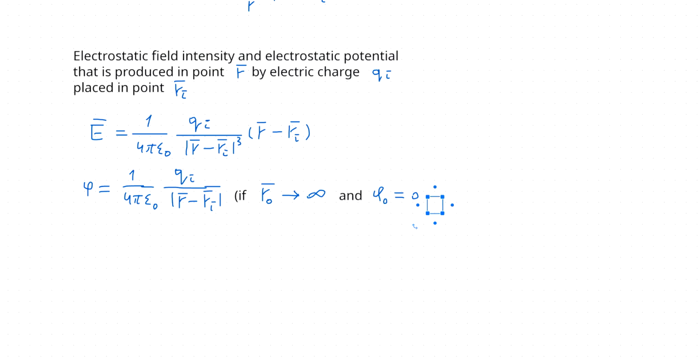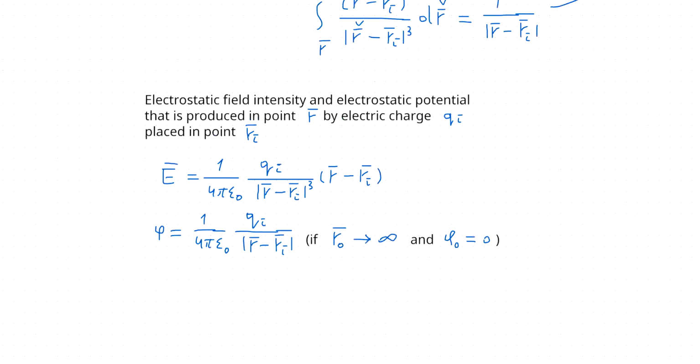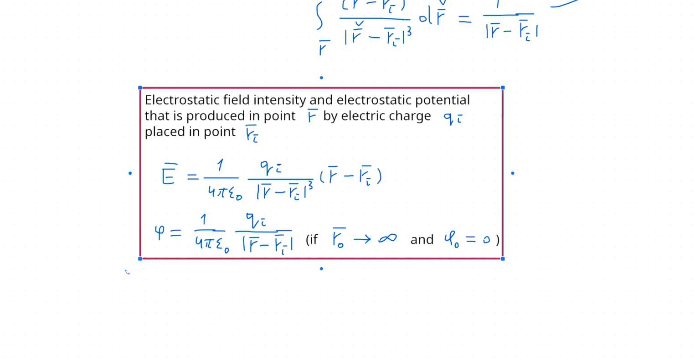Without these conditions, with another conditions, we will have another formula for electrostatic potential. But this formula is the most often used.